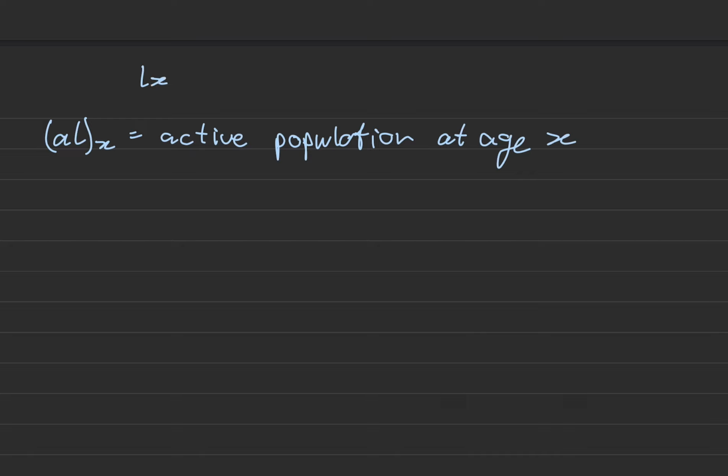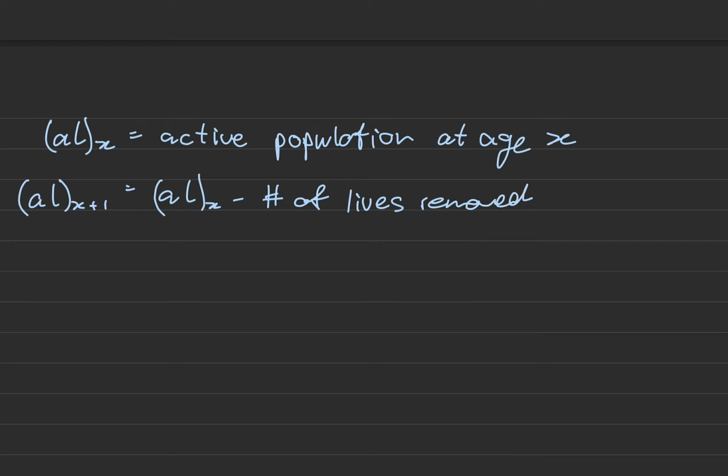So ALX is going to be the active population at age X. Similarly to how LX is the number of people alive at age X, here we're talking about the number of the active population at age X. Then ALX plus 1 should be equal to ALX minus the number of lives removed between X and X plus 1 by all the decrements.